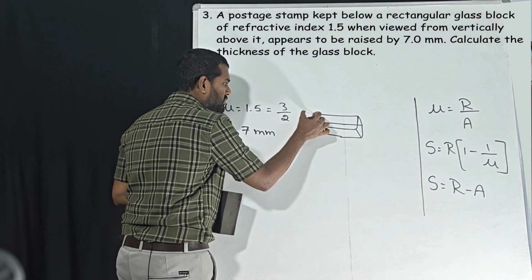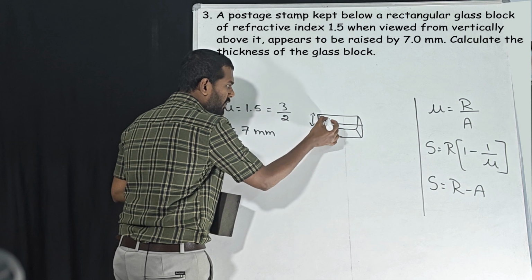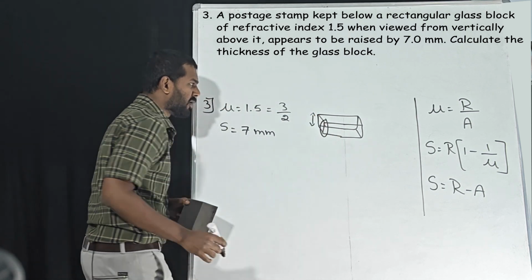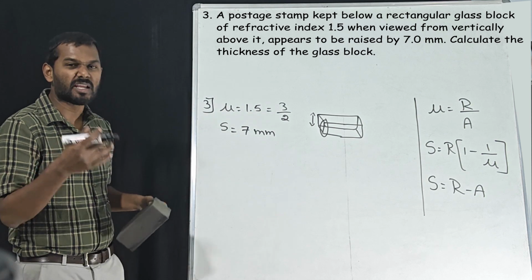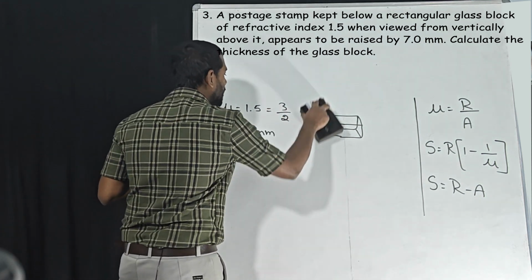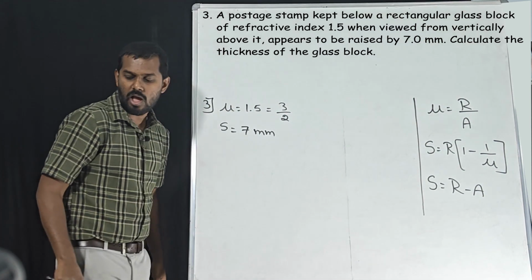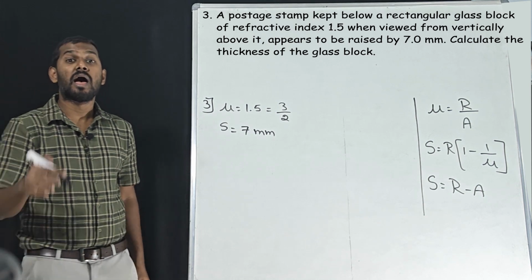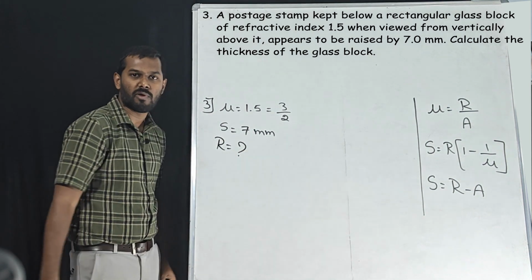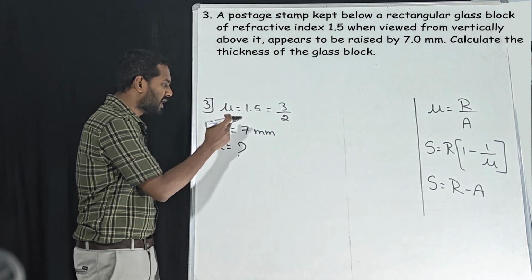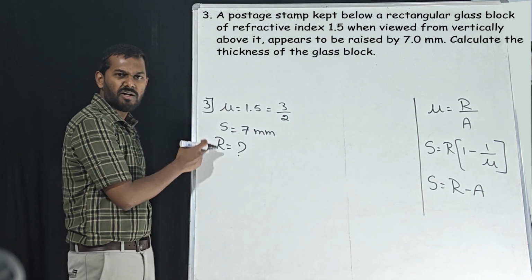You can take this one or from this point to this point. Thickness of the glass slab is nothing but the real depth. Thickness of the glass slab or the complete height of the pond, all those things represent real depth. So we have to find the real depth value. So using refractive index and shift, we have to find real depth.